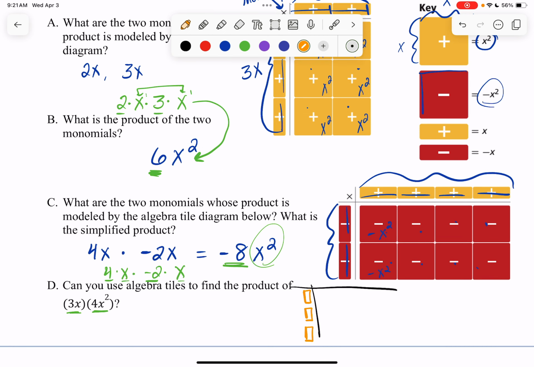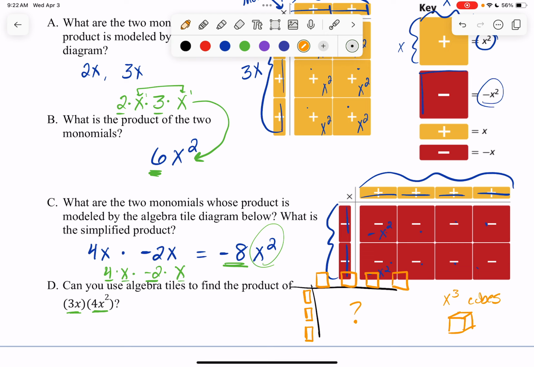But I would need 4x squareds on this end. But how do I do the multiplication in the middle? I would need to take an x squared times an x, which would be an x to the third. I would need to draw cubes, like a 3-dimensional cube, which we can't draw on flat paper.